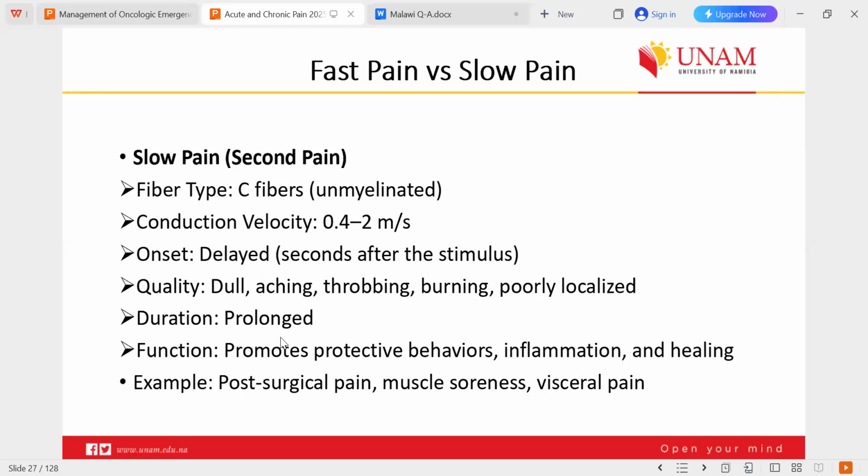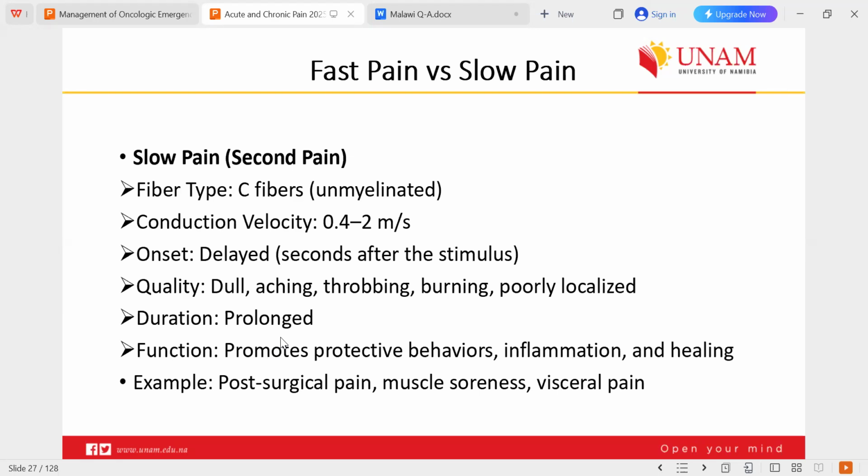Slow pain, or what we know as the second pain, is transmitted by the C fibers, unmyelinated. There is some delay, some seconds after contact with the noxious stimulus. Usually dull, aching, throbbing, and it's prolonged.